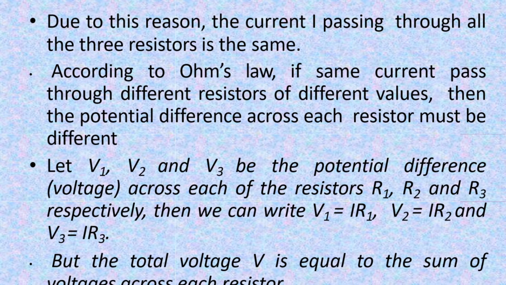Then we can write V1 is equal to I times R1, V2 is equal to I times R2, and similarly V3 is equal to I times R3. But the total voltage V is equal to the sum of voltages across each resistor. This is very important to know.